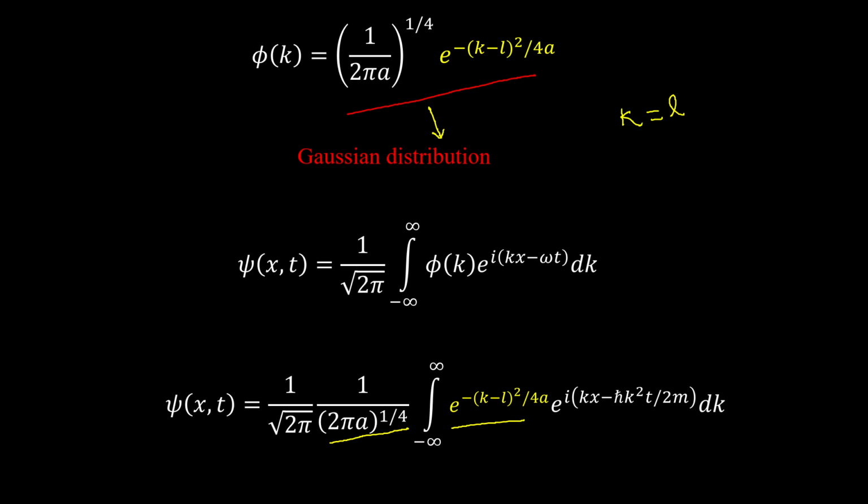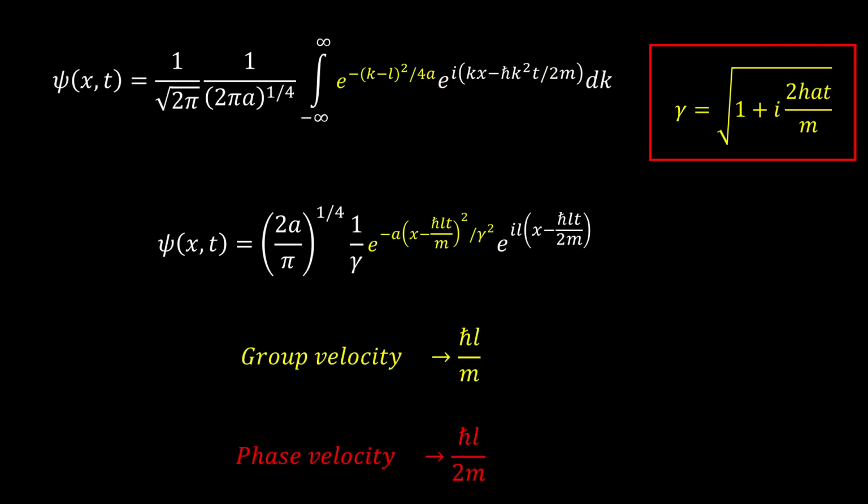And here I'm going to replace omega, as we have seen already so many times, by h cross k squared over 2m, multiplied by t. We are going to integrate with respect to k.